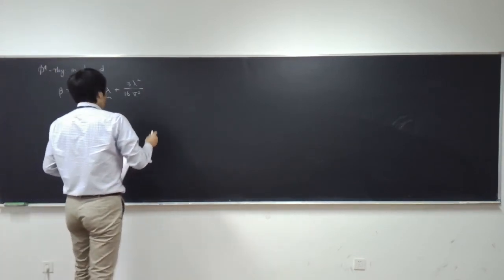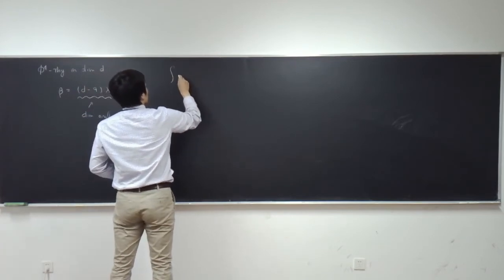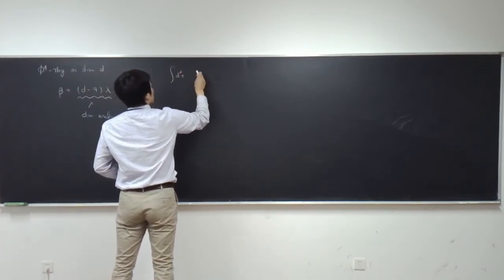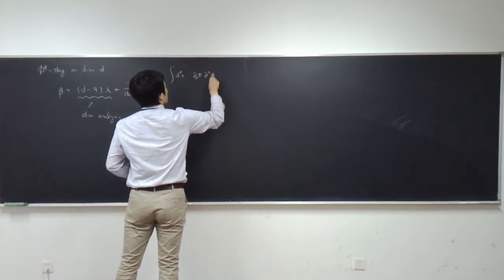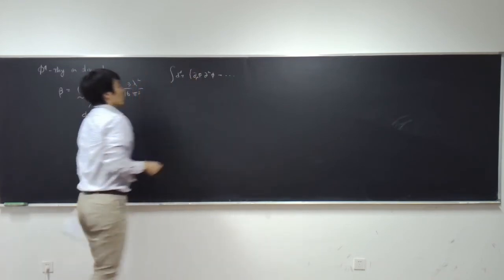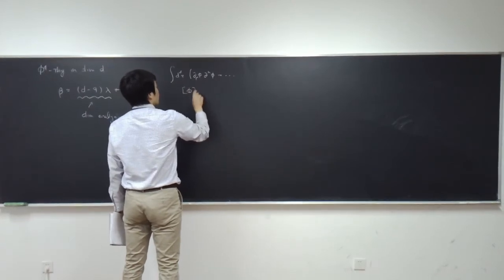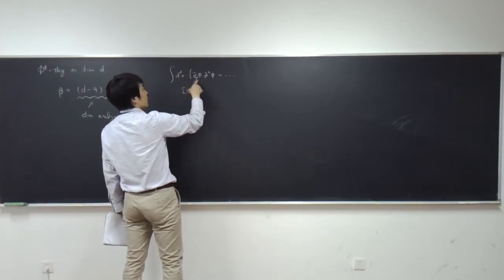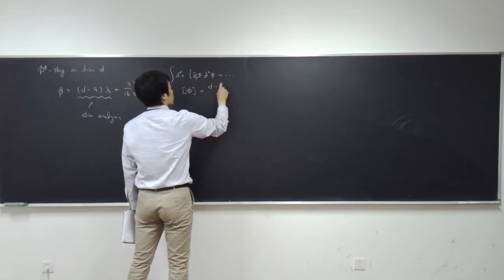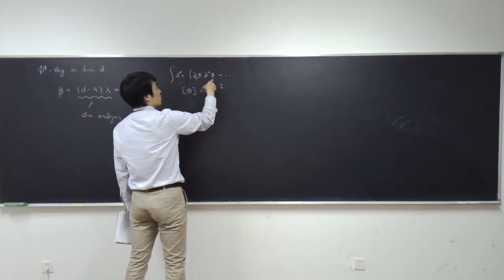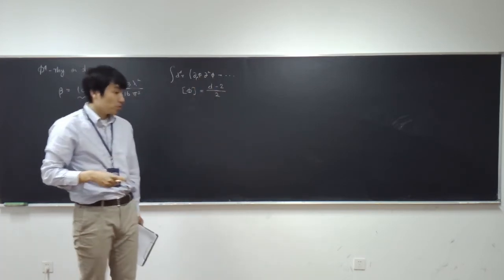To get this, you just know that the kinetic term of the action in d dimensions is something like this. The mass dimension of phi: the derivative gives d minus 2, and there are two of them, so dividing by 2, the mass dimension of phi is d minus 2 over 2.